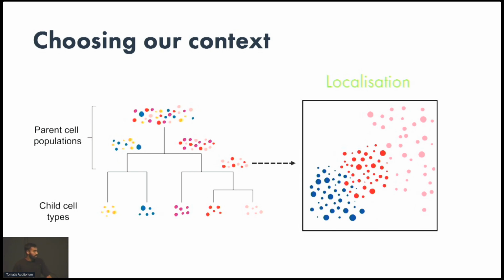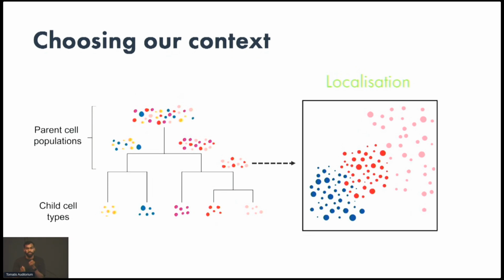And so I hope you can appreciate that no matter how I twist and turn this image, if I zoom in or out, red is always going to appear more localized to blue relative to its parent population. And so we think we can use these parent populations as a context in which we evaluate our spatial relationships that aren't affected by these imaging biases. So that's how we choose our context.